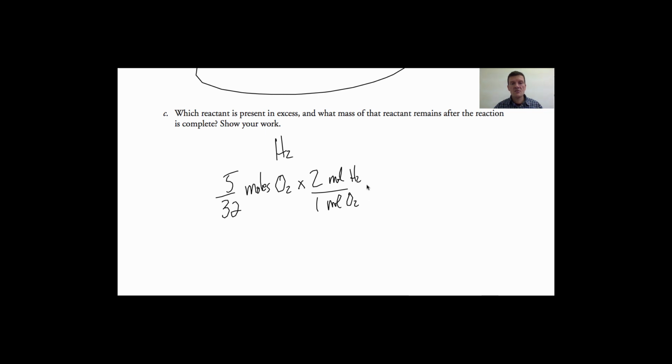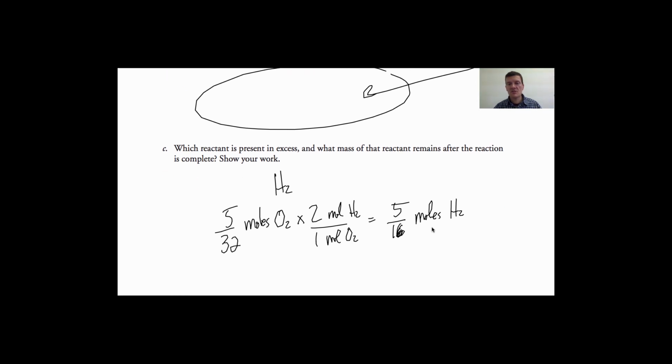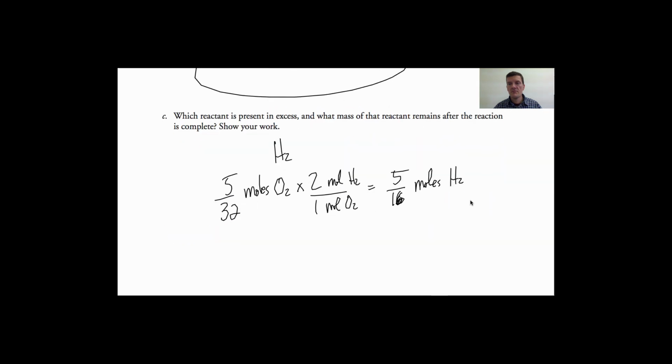So I'm going to have 5/16 moles of hydrogen, same as the amount of water, by the way. And then what mass of that reactant remains? This is how much is going to be used. So I would multiply this by 2. Okay?